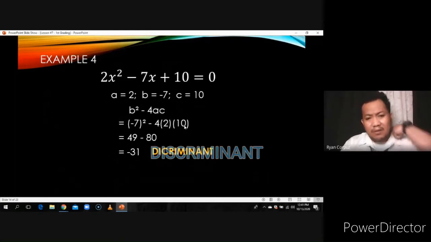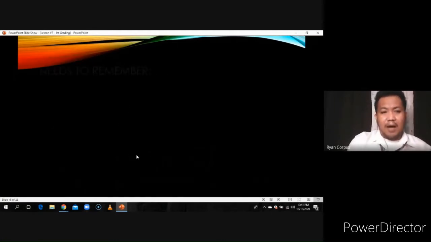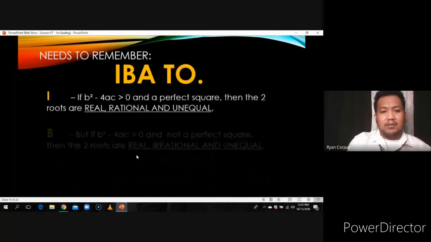Now, what would be the nature of the roots of this given quadratic equation if we're going to solve it? Since we found out that its discriminant is equal to negative 31, let's go back to the things that we need to remember.